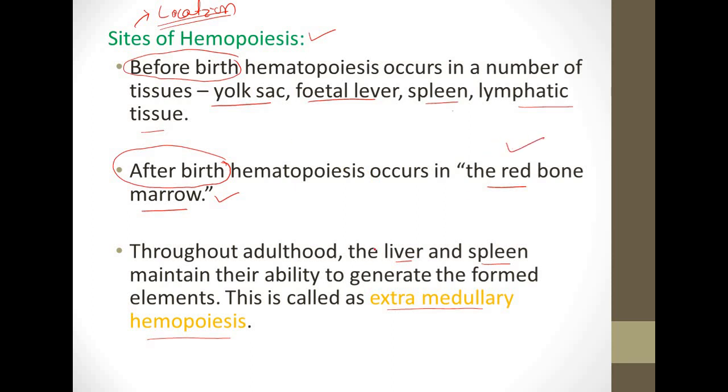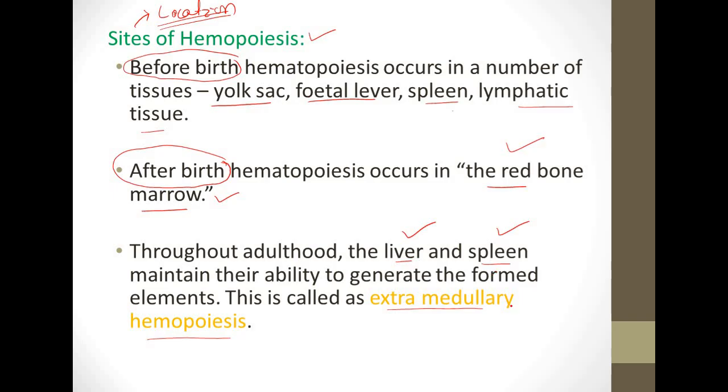If you ask someone where is the site for RBC production or blood production, the absolute answer is red bone marrow. Okay, but apart from red bone marrow, some other organs are always ready to generate blood. One is the liver, which never loses this ability, and one is the spleen.